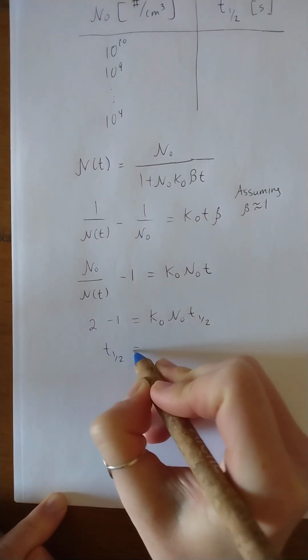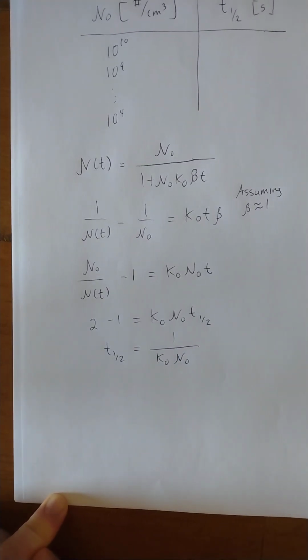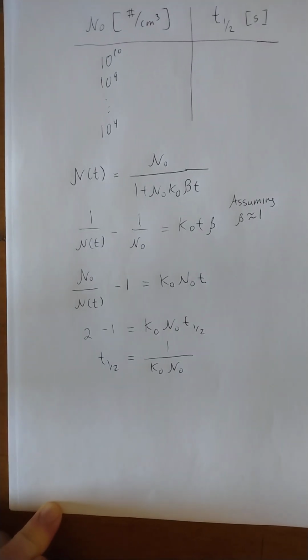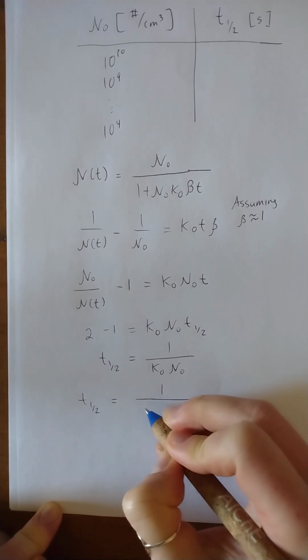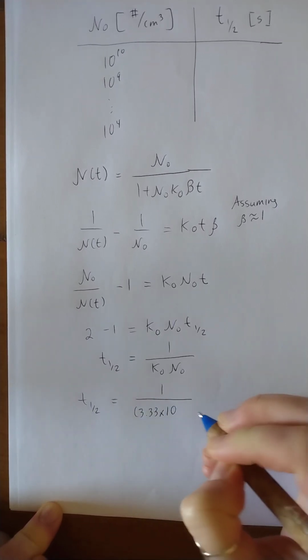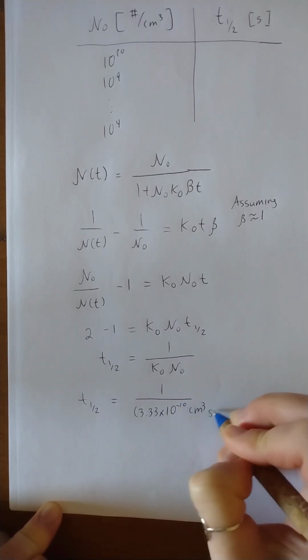So t sub half equals 1 over the coagulation coefficient times the initial number concentration. So we were given a coagulation coefficient of 3.33 times 10 to the minus 10 cubic centimeters per second.